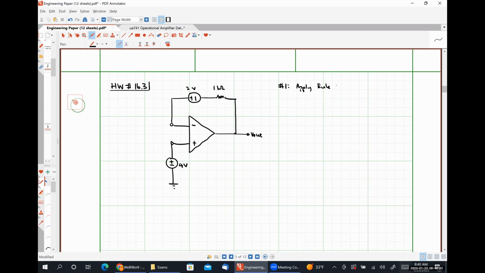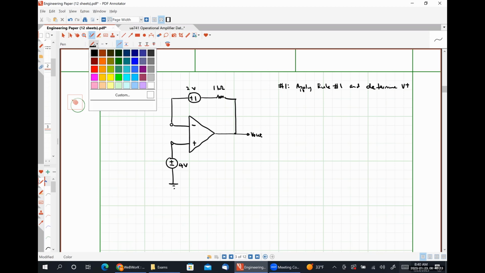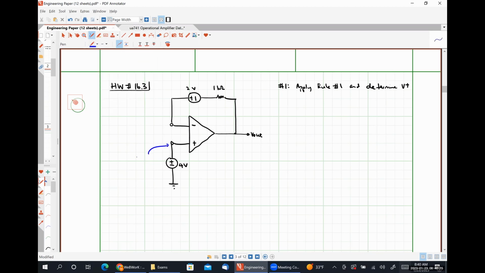Apply rule number 1 and determine V plus. So what is V plus? Two volts. No, that's incorrect. 4 volts.